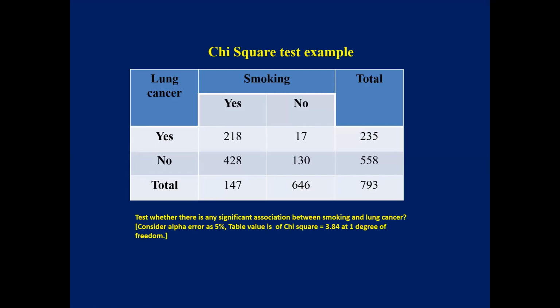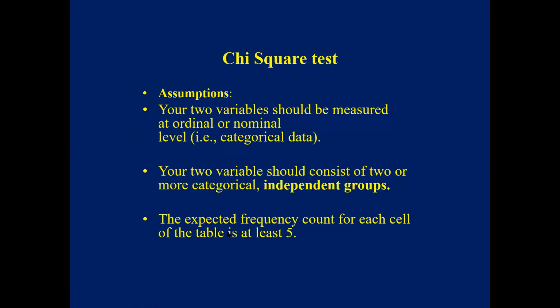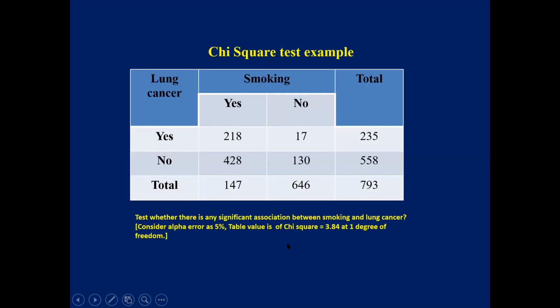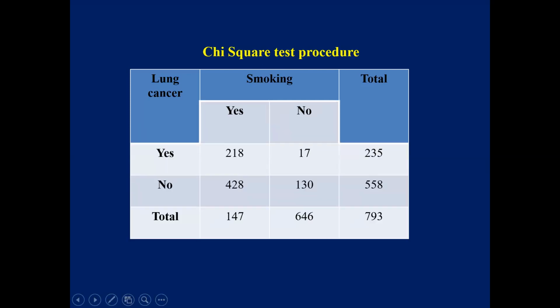I'll tell you about expected frequency, how the calculation of chi-square is done, and then what to do if this assumption is not met, that is, if the cell frequency is less than 5. I'll tell you that later. For the time being, we don't have anything less than 5 in any of these cells, so we'll just see how to calculate the association here.